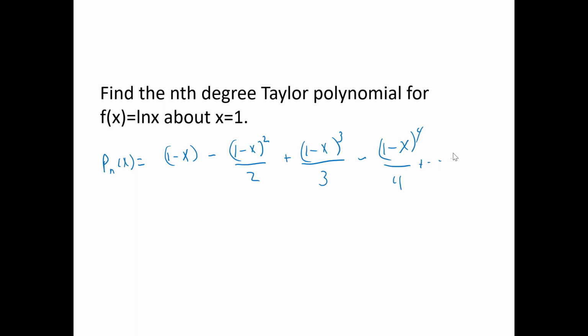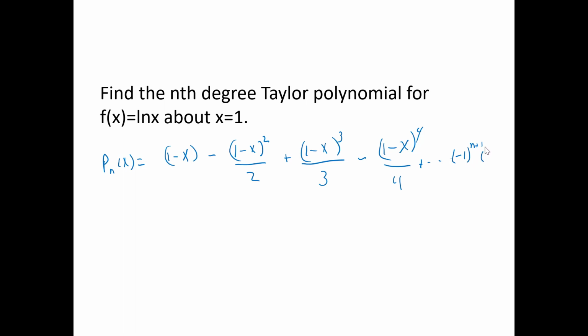And you can see that this is alternating, and so that means that we have a factor of -1 to the power. But we start out negative, and so when n is 1, we start out positive, so we need an n plus 1. So that when n is 1, 1 plus 1 is 2, and this will be positive.